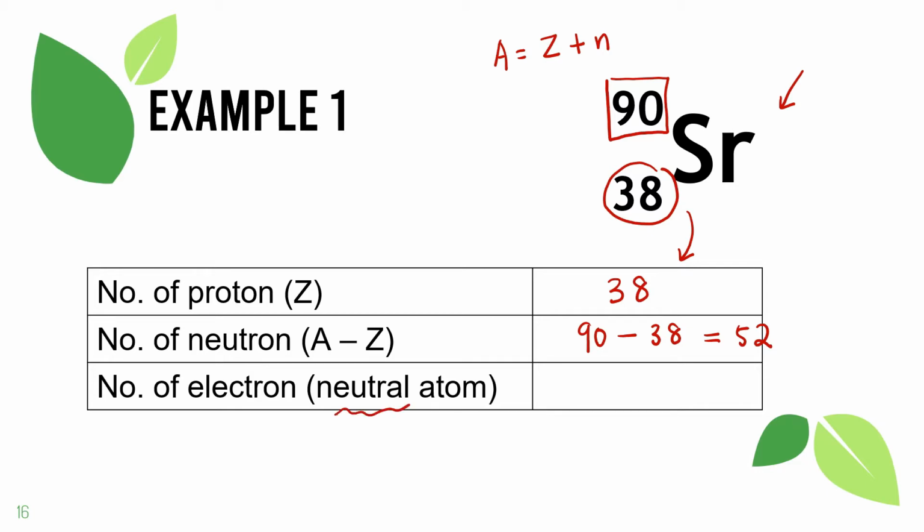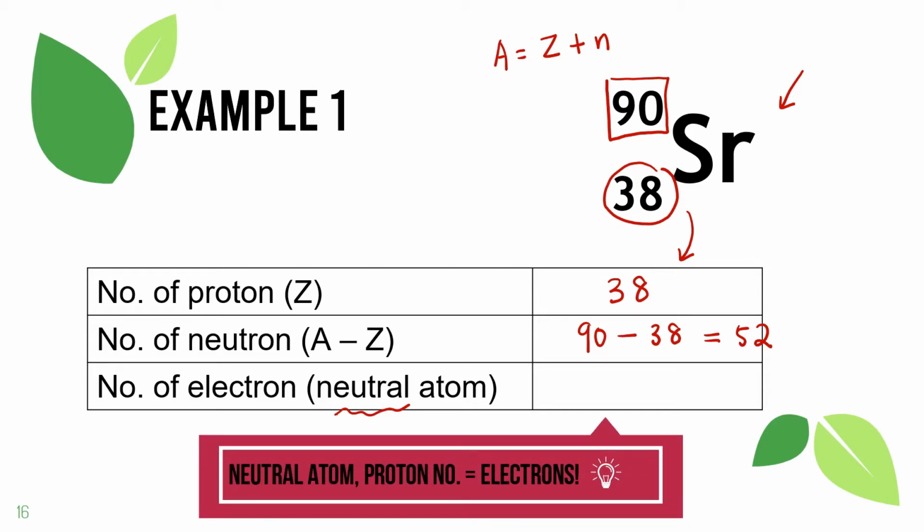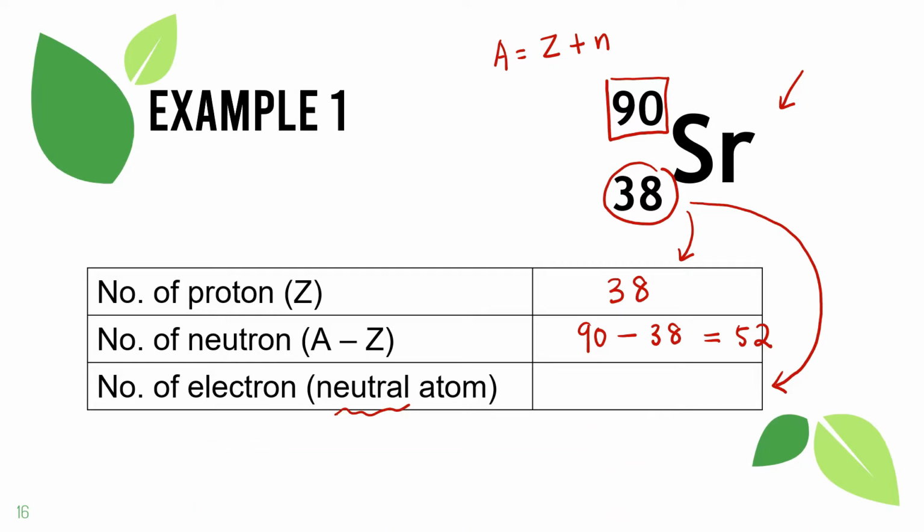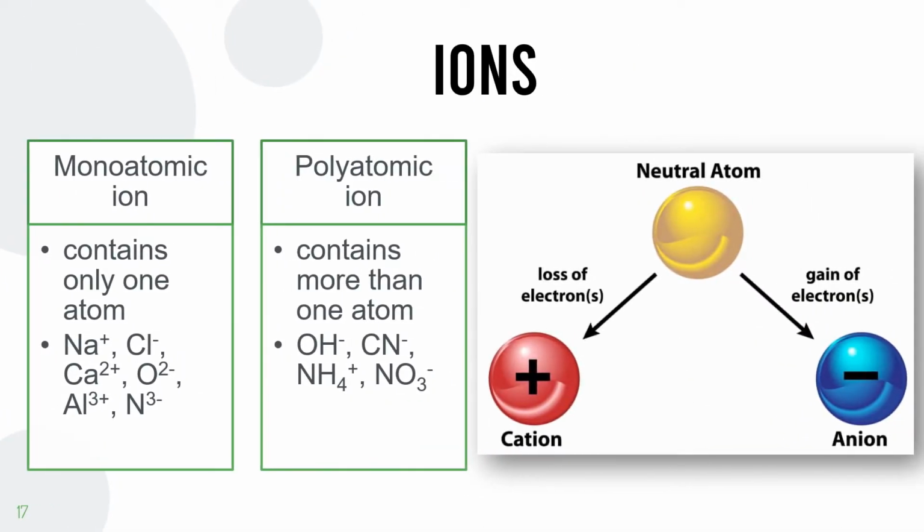For a neutral atom, the number of electrons equals the number of protons, which is 38.